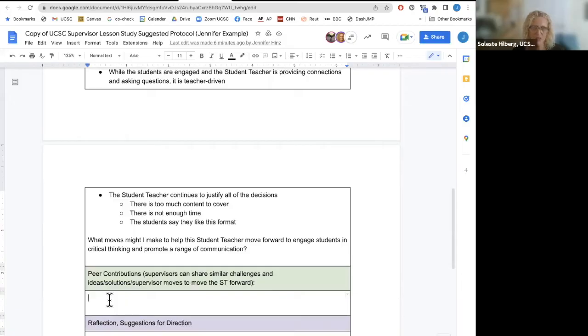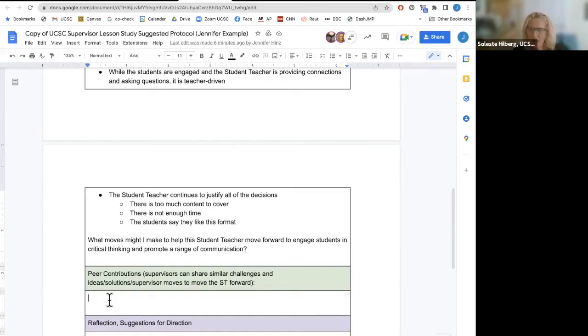Jennifer would really like to see him shift to engaging students more intellectually, with higher order thinking, and at a higher level of engagement with the experience.